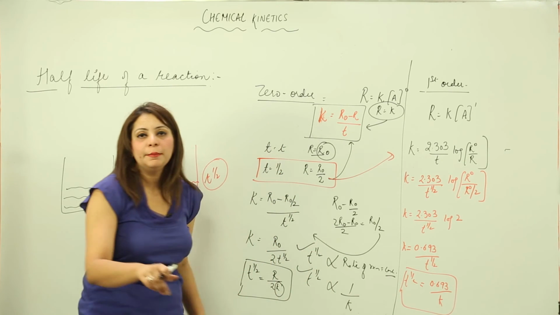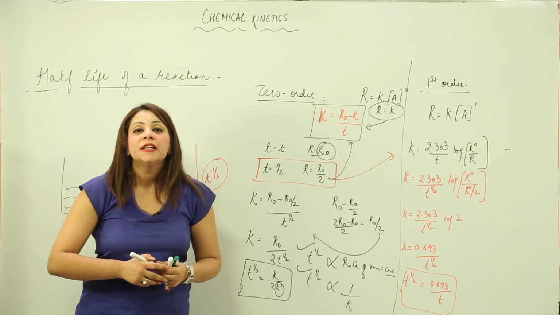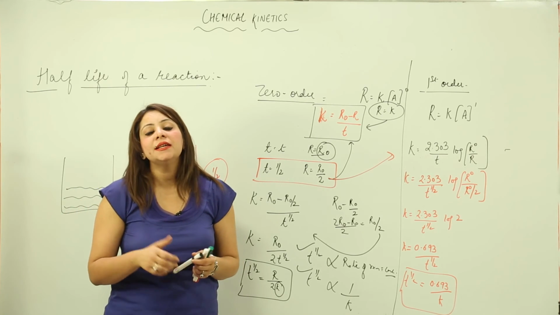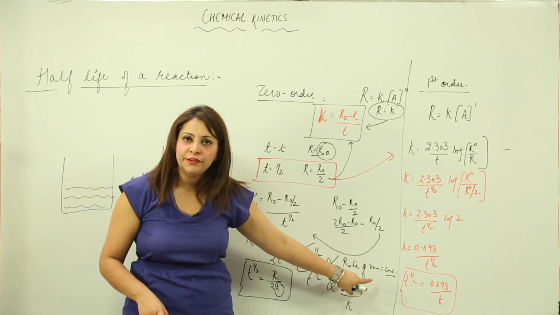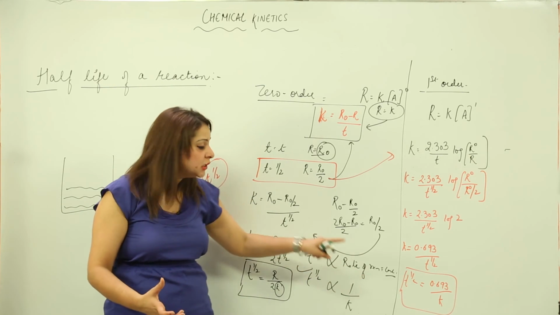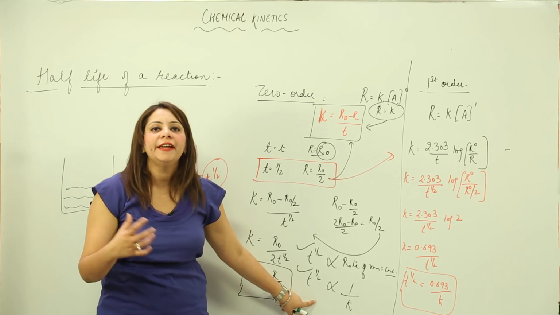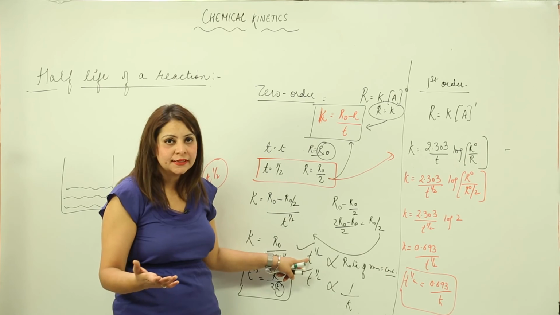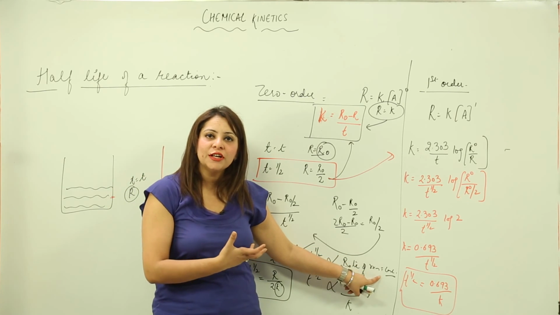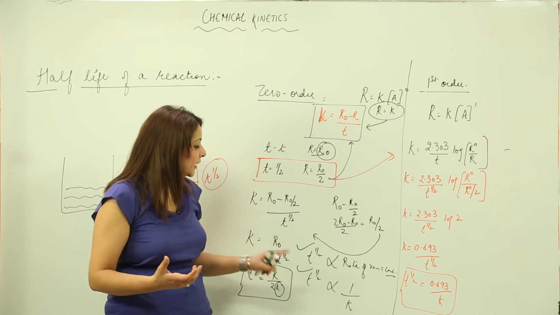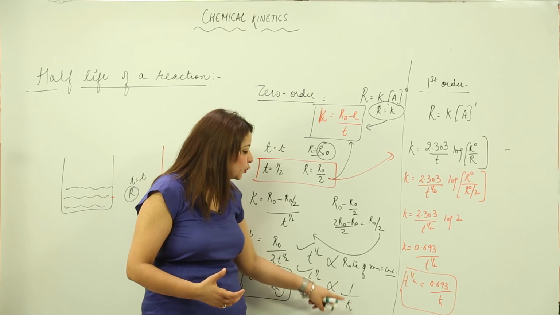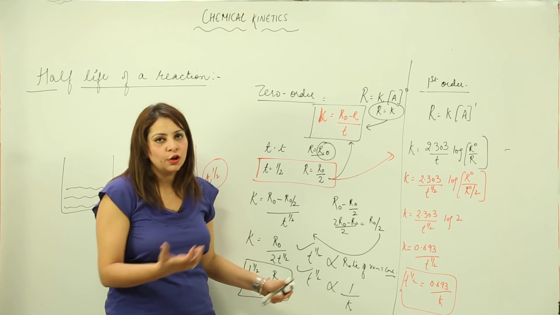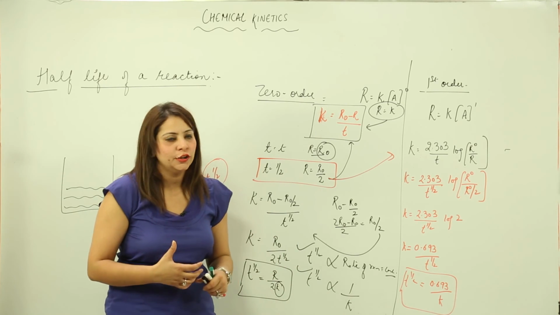If somebody asks you on what factors the half-life period depends, you just say, by looking at the expression, that T half is directly proportional to the concentration of the reactant and inversely proportional to the rate constant. That means if we increase the concentration, T half is going to increase, and if we decrease the concentration, T half is going to decrease. Similarly, when we increase the rate constant, T half is going to reduce. They have an inverse effect on each other.